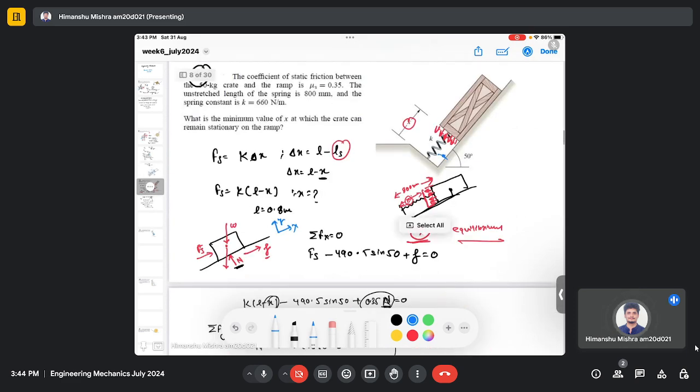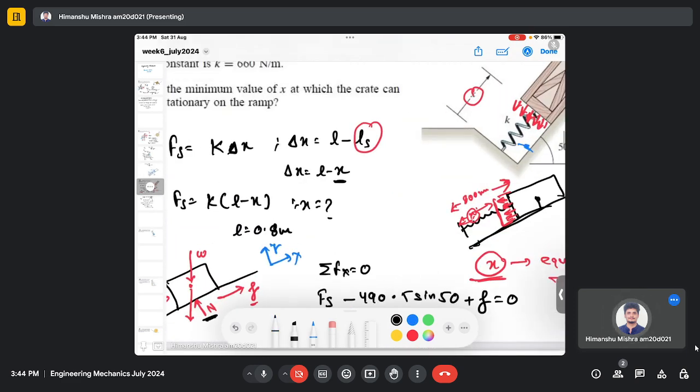So we know how to define the spring force, which is basically the spring constant multiplied by the change in the length. So change in the length means L minus X. L is the unstretched length of the spring and X is the stretched length, which we need to find out.